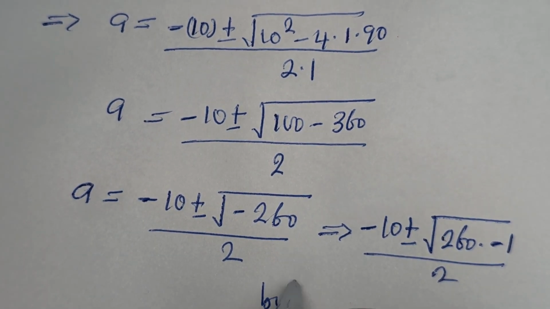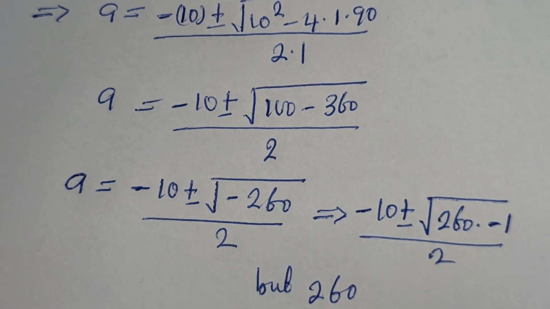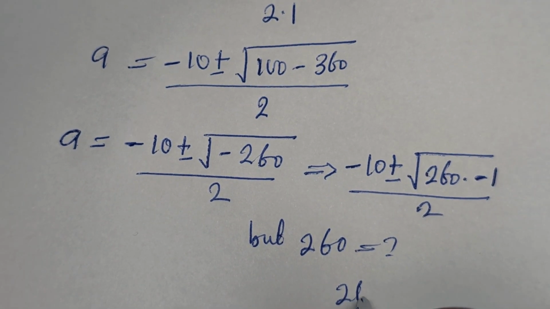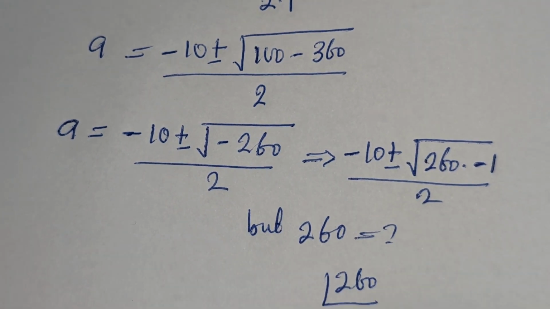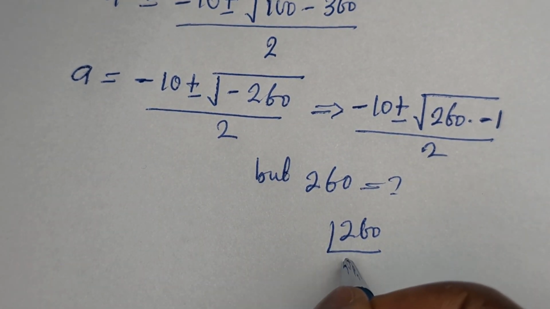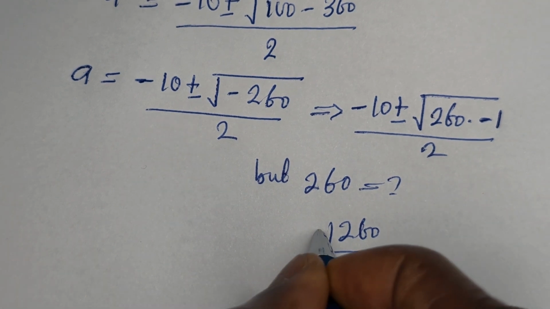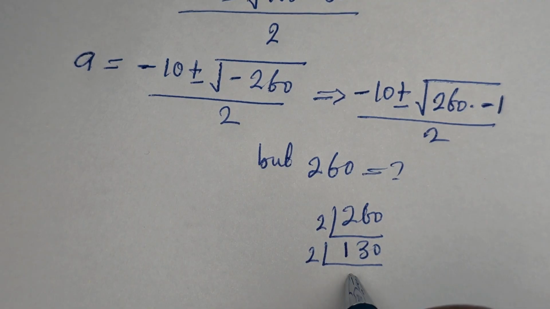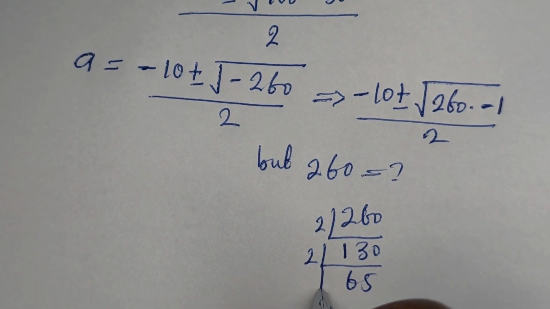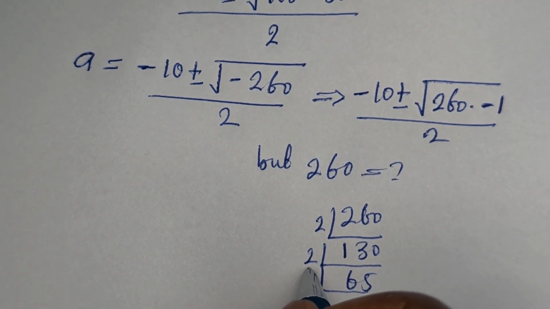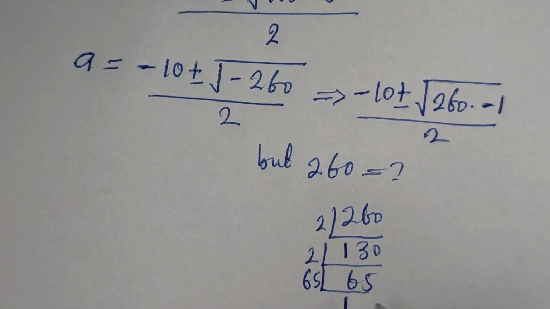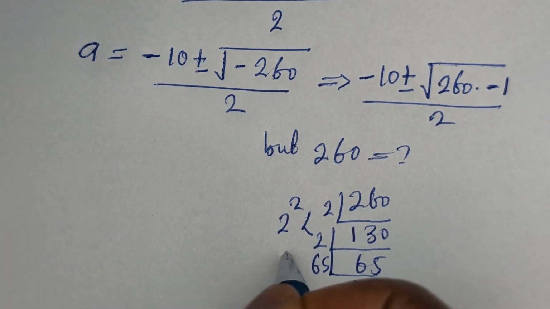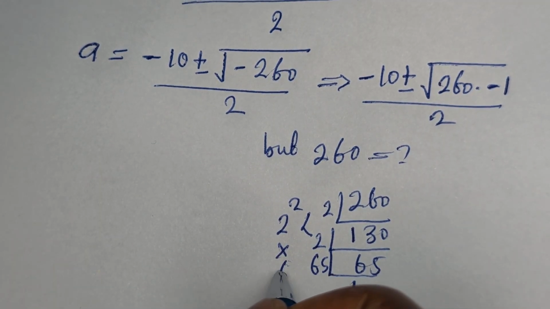But 260 is divisible by 2, then we have 130, and this is divisible by 2, that is 65, and this is 65. So here we have 2 square multiplied by 65.